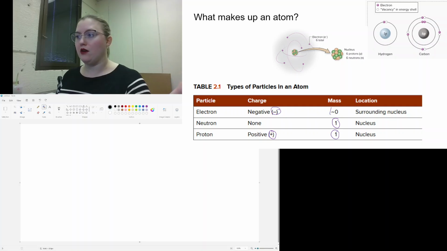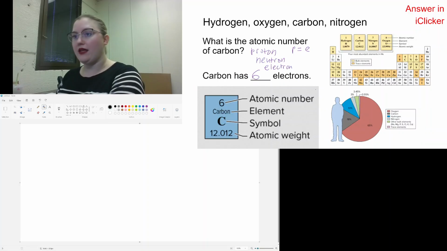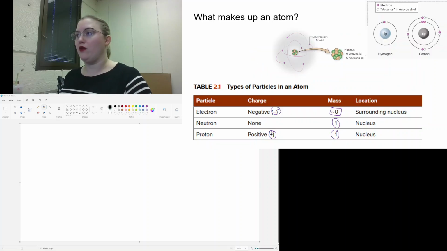So they are atomic mass 0. When we are talking about atomic weight, we are talking about protons and neutrons. So if we have 6 protons and 6 neutrons, then our atomic weight is 12.